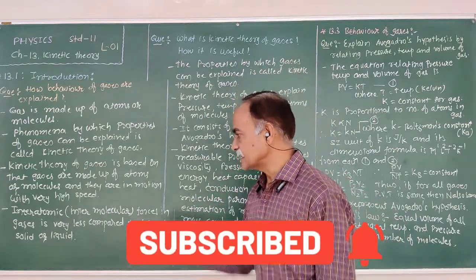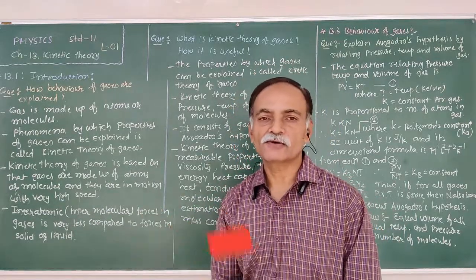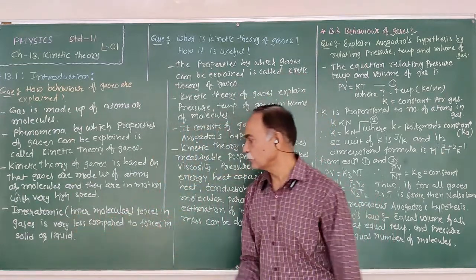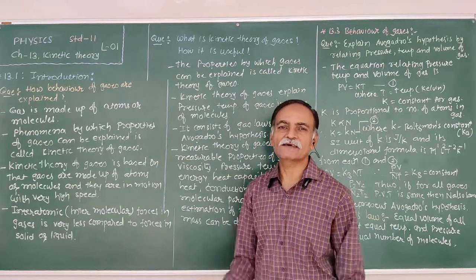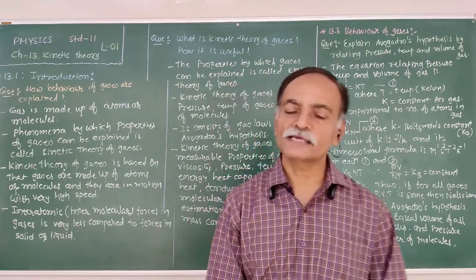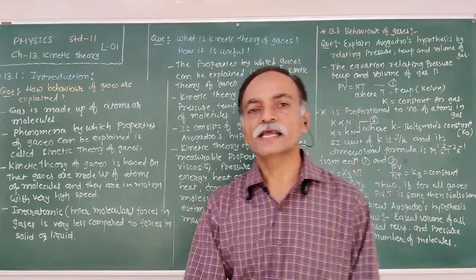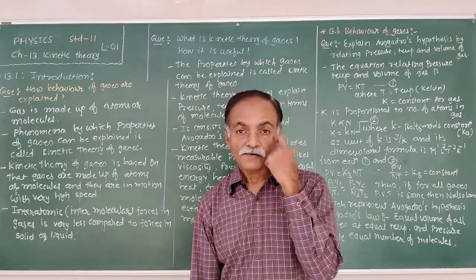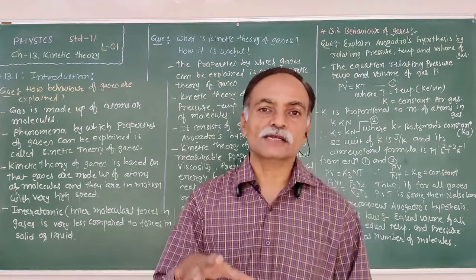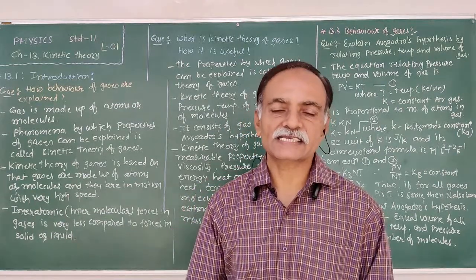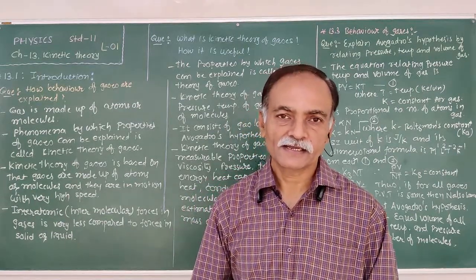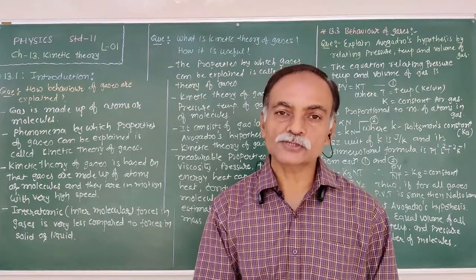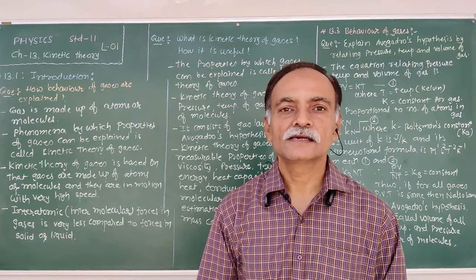So in gases, the distance between the molecules or atoms is very large. Therefore, the intermolecular forces are very small compared to those in liquid or solid. And due to that reason, we know that a solid is less compressible compared to a liquid. Compared to gas, liquid is also less compressible.